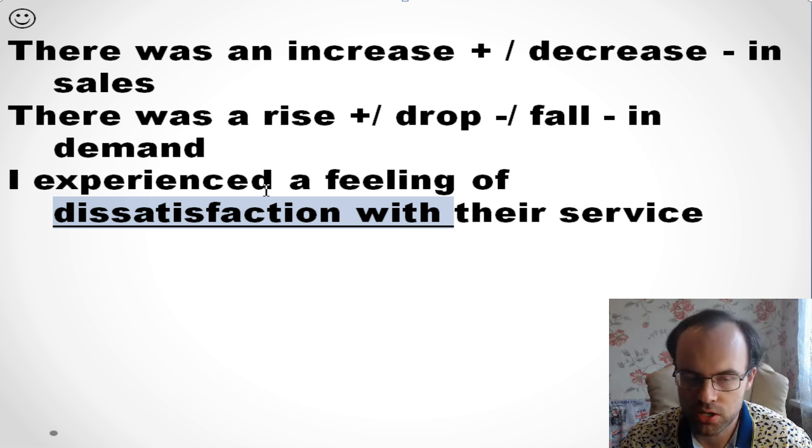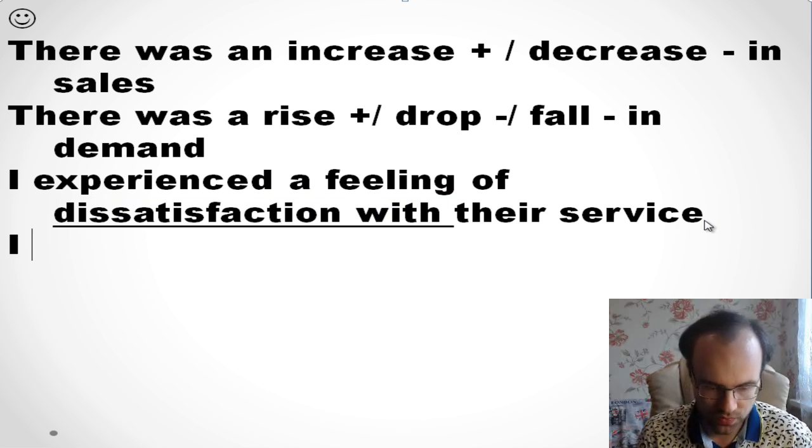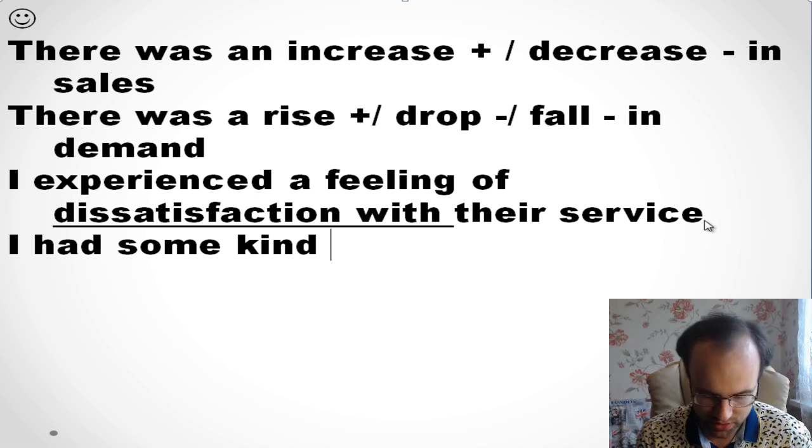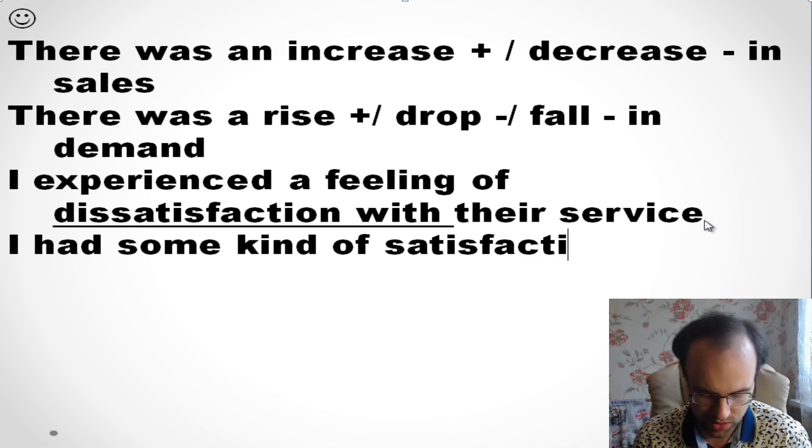Or on the contrary, you can say I had, let me give you another example, I had some kind of satisfaction with my results. It's a very natural phrase for speaking.